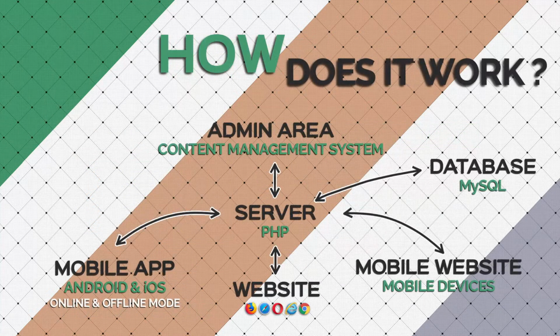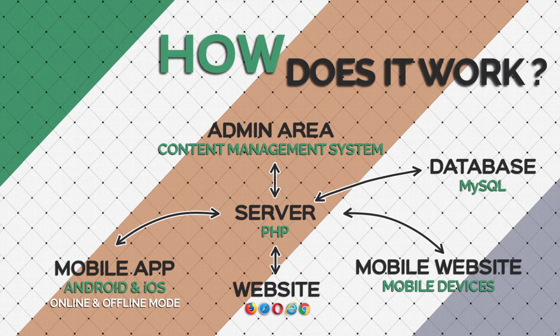In the presented diagram you can see the principle of operation of the entire solution along with all the relations. Both the mobile application and the website are connected through your server, which cooperates with the database, while the entire content management is done through the admin panel.